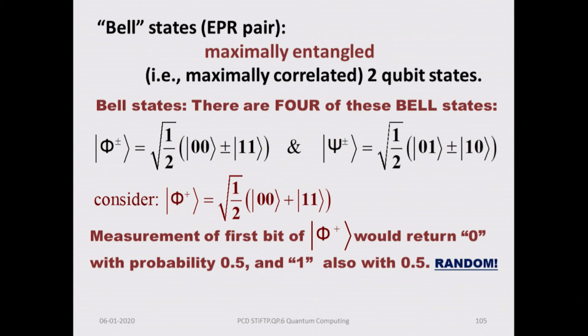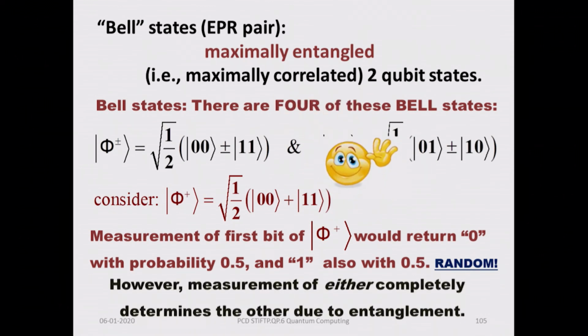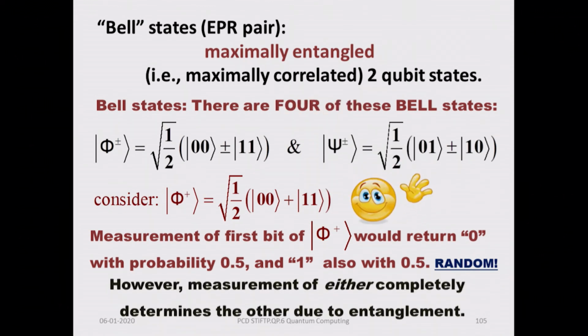But then if you carry out this measurement and then ask what is the probability of getting 0 or 1 for the second qubit, that is something that you can guarantee because of the entanglement. There is no ambiguity left there. Okay?